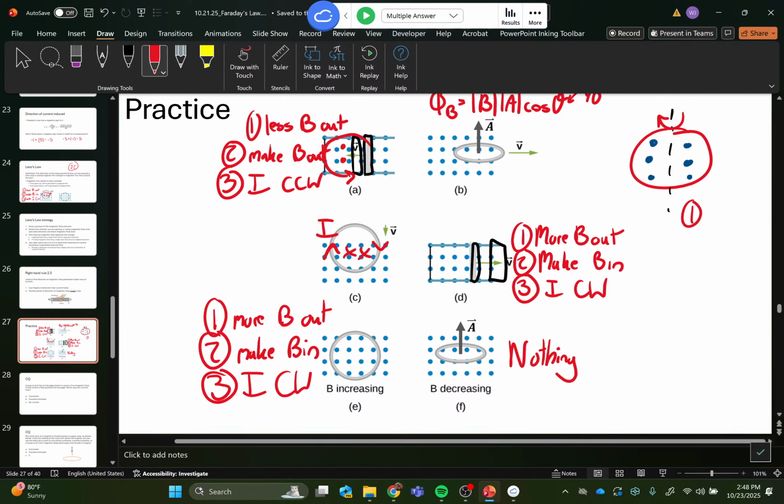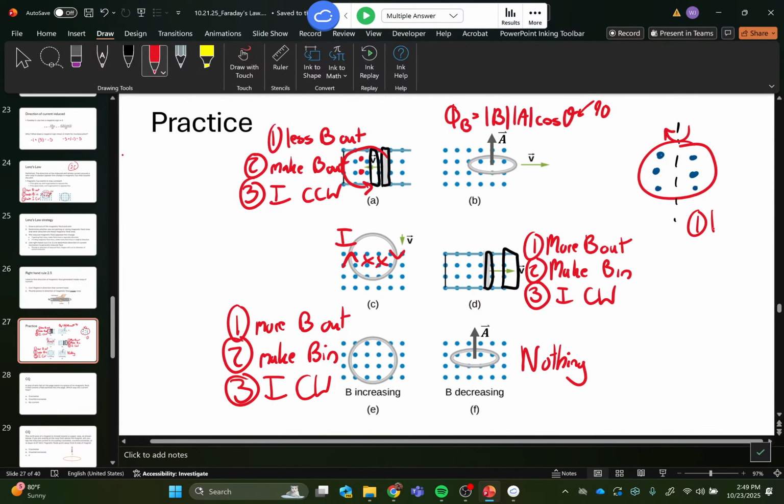All right. So as this thing spins, originally it's getting all the dots. But as it spins, I'm going to get less and less of the dots. Why? Because the area vector becomes perpendicular to the field. So I start with, I'm getting less B out.